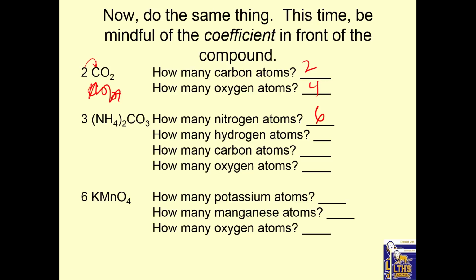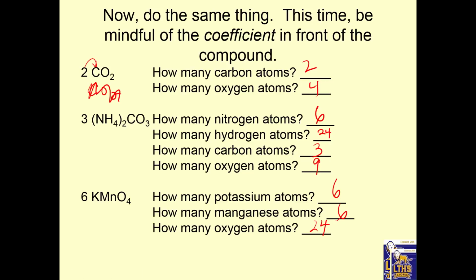There's 8 hydrogens in the compound. 8 times 3 is 24. Wow, that's a lot of hydrogen atoms. There's 1 carbon in the compound, so 3 times 1 is 3 carbon atoms with the coefficient. And 3 times 3 is 9 oxygen. Here we have 6 potassiums now, 6 manganese atoms now, and 24 oxygen atoms.